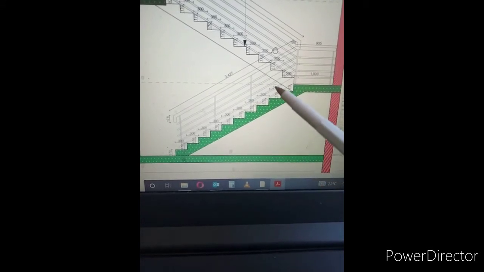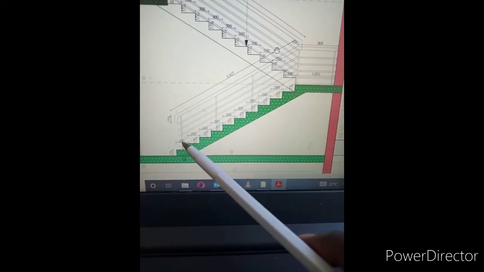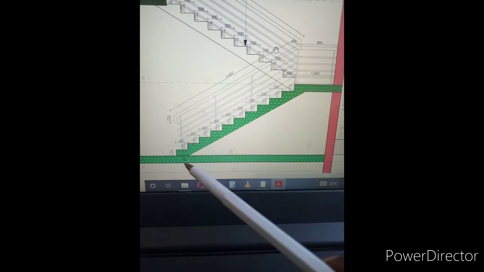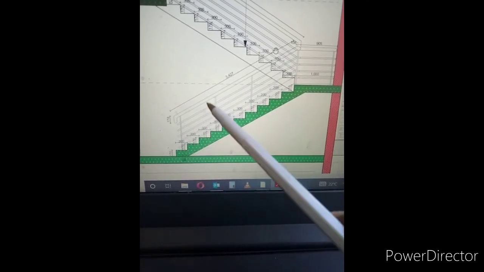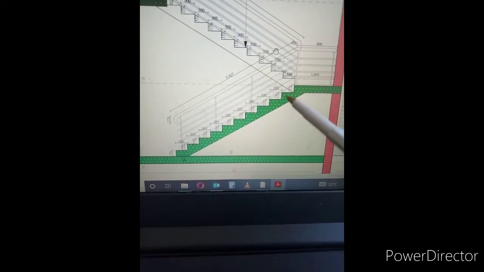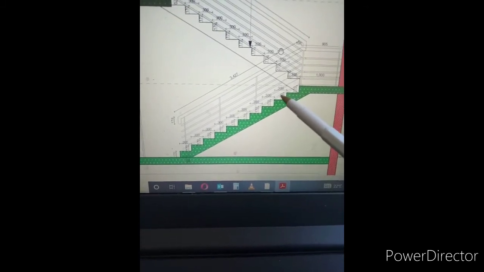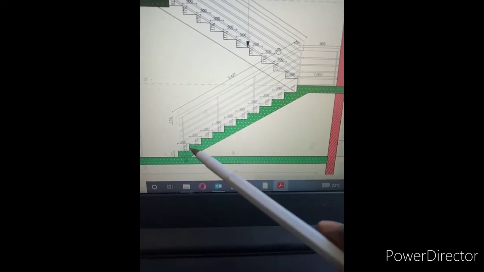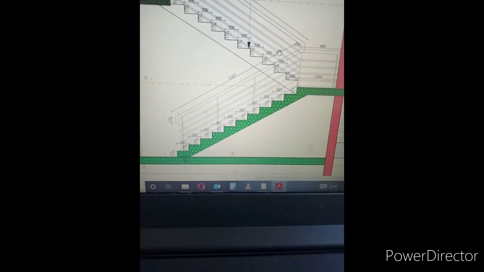Here there are 10 stairs, so it's 300 times 10. To get the vertical distance, we say the risers times 10. If it is up to this point, which is 10, that will give 1700 millimeters or 1.7 meters.